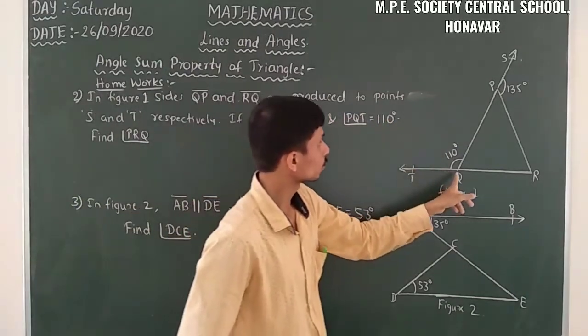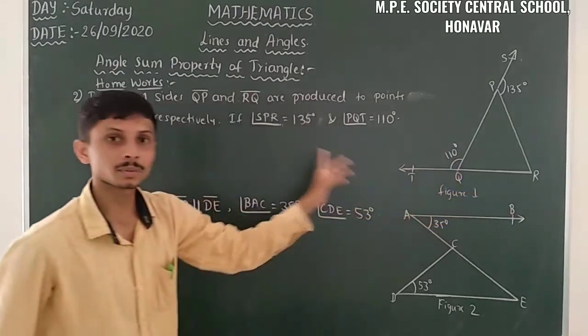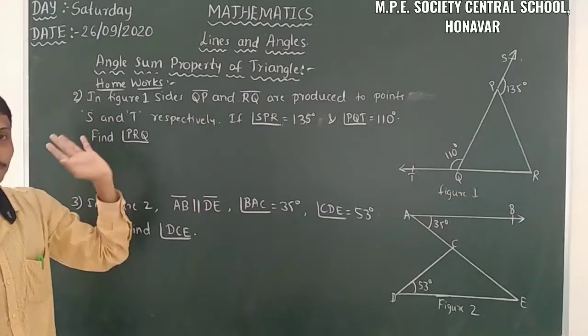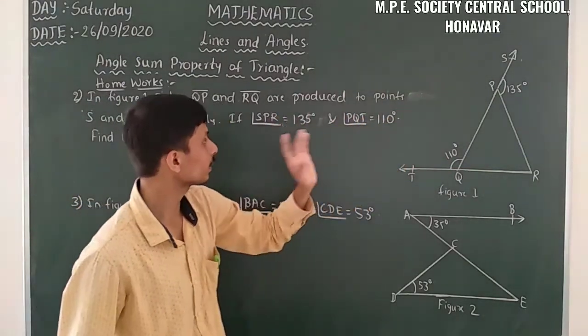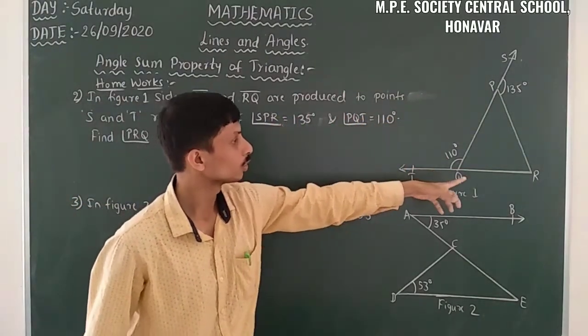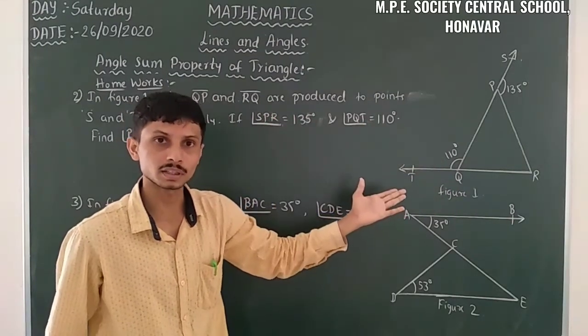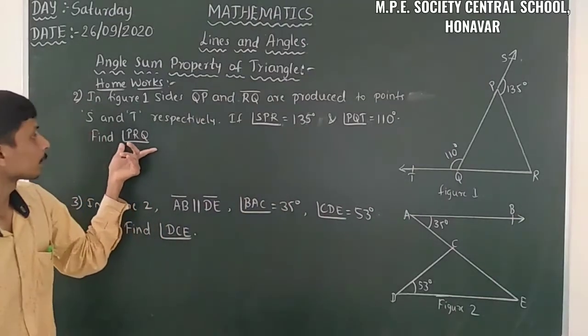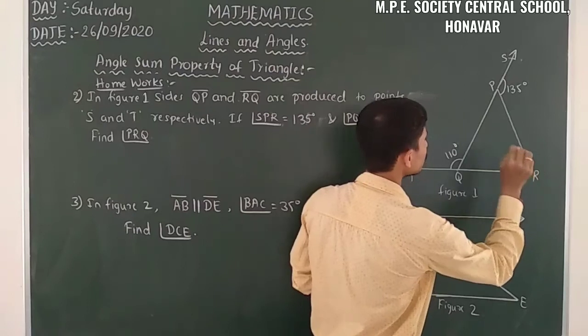Side QP is produced up to S and RQ is produced up to T respectively. Angle SPR is given, it is 135 degrees, and angle PQT is equal to 110 degrees. Find PRQ. Here we have to find this angle.